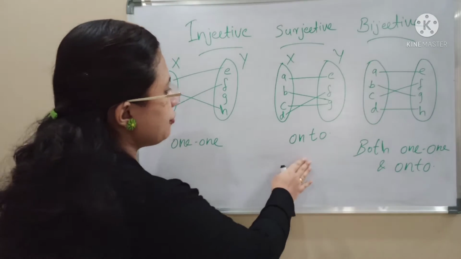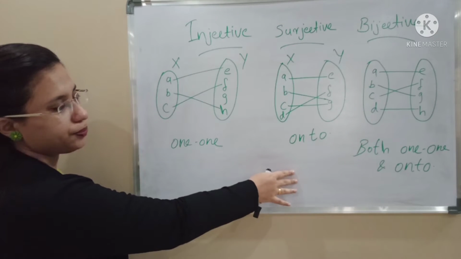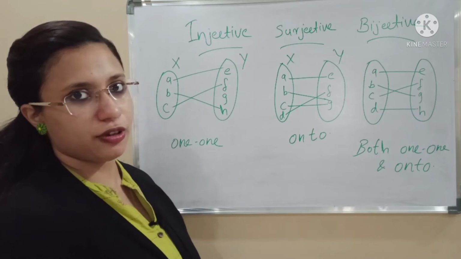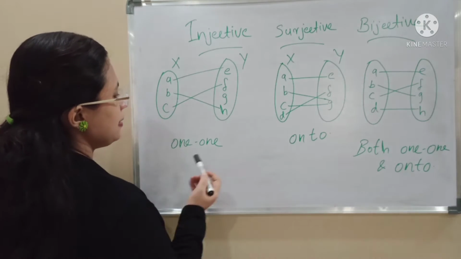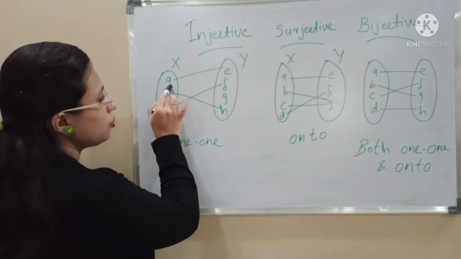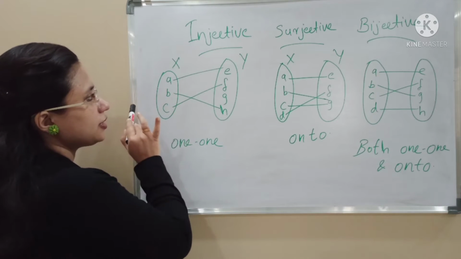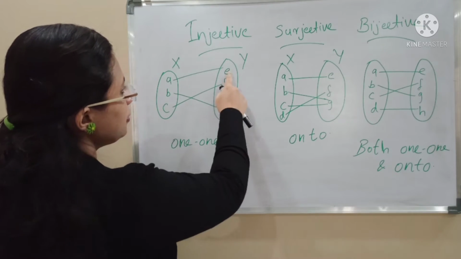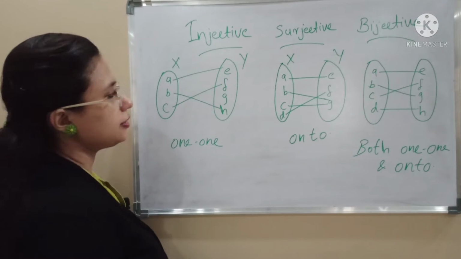So if we relate these two, can we say injective function is the same as surjective function? You can see here injective function means 1-to-1. That means one element in X has at most one relation in set Y, right?